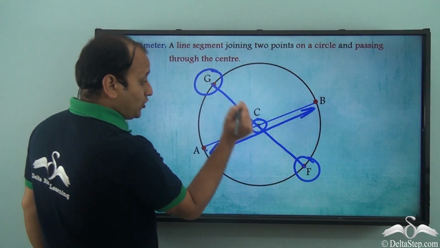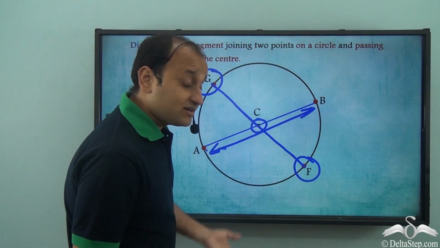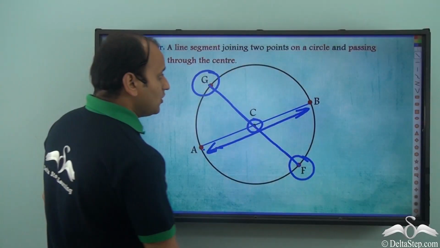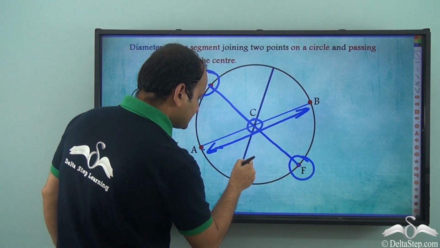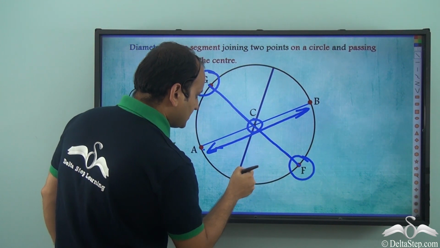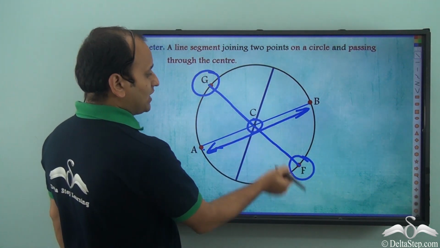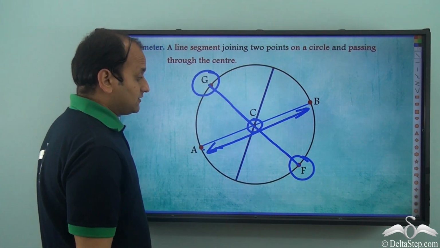Now not only this, we can take any number of diameters in case of a circle. So here I start drawing from this point and I join a point here. Now what do I have? I have another diameter of the same circle.